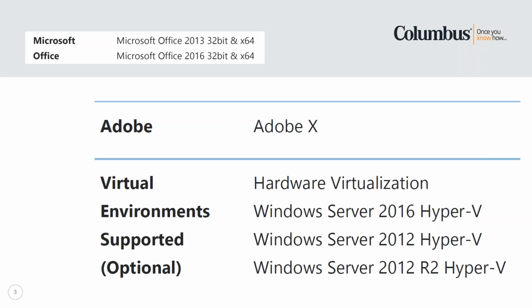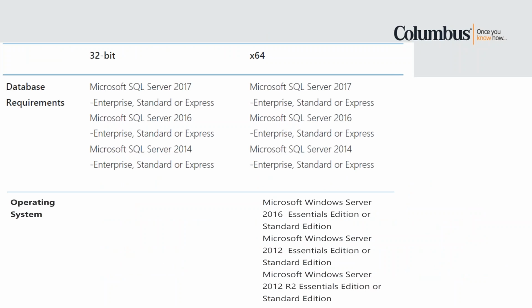But of course, if you have VMware or any number of the probably 50 of those that are out there, I've personally never seen one that GP wouldn't run on. This is just the official position of Microsoft.